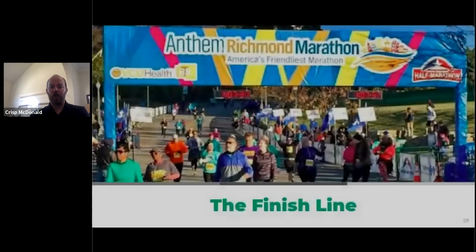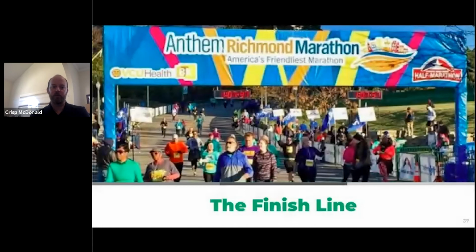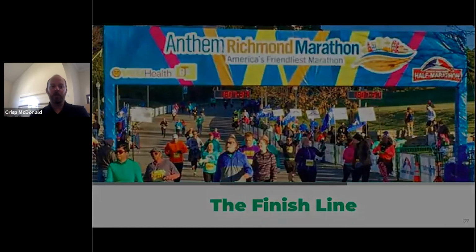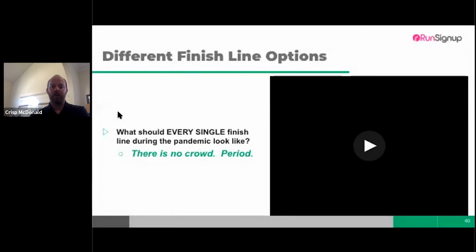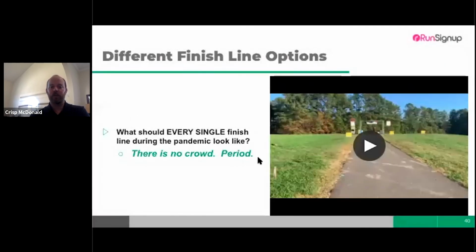With the finish line, I poked at the timers a couple days ago during a webinar, just to show them a picture of what a finish line with no mask looks like. We will get back there, but for right now, with that same event, what should every single finish line look like? No crowd.